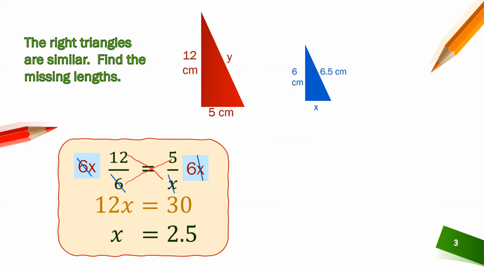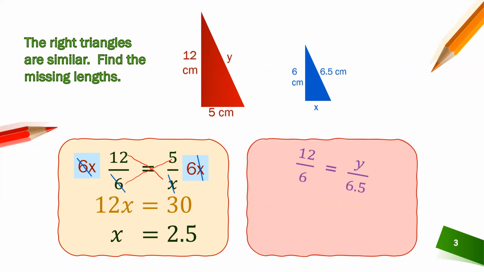Okay, pause the video if you like, write a proportion, cross multiply, and find Y. Well, the proportion I'm going to write is 12 is to 6 is the same as Y is to 6.5. So learning from the last time, I can go ahead and cross multiply across the equal sign there.